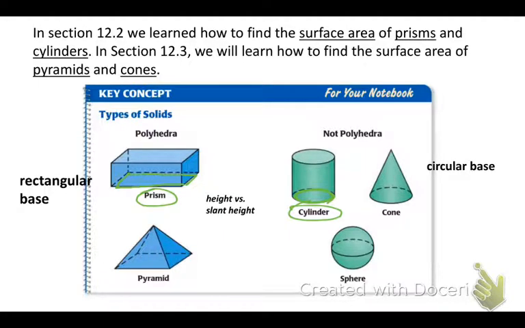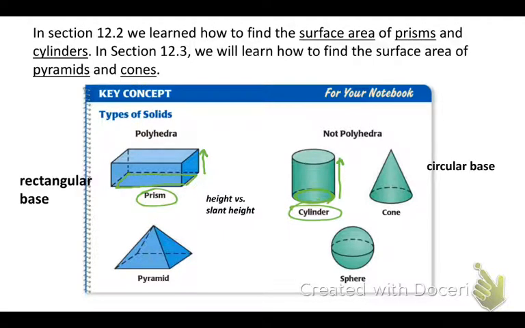Also, we notice that the heights on a prism and a cylinder are vertical. So they are similar in that their heights are both vertical. They're dissimilar in that their bases, one is a polygon and one is a circle. I'll change colors here.